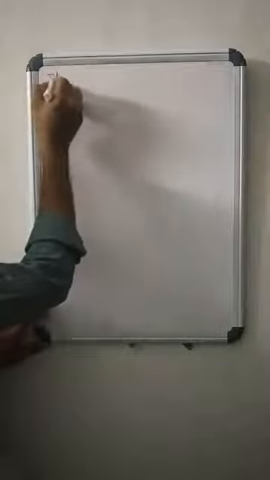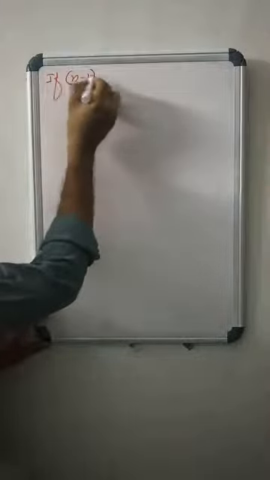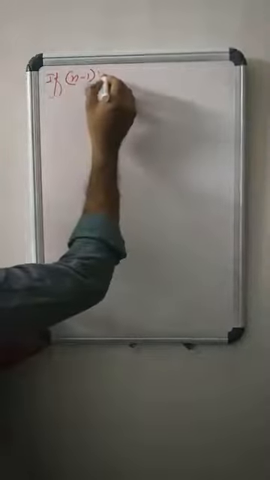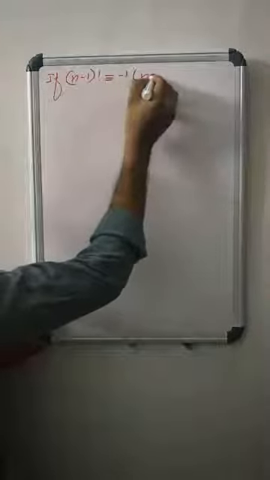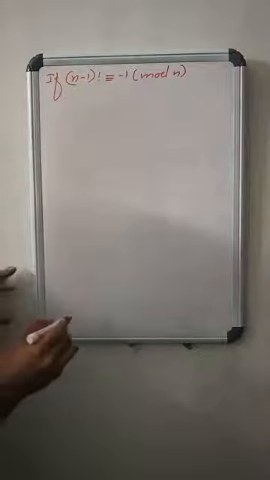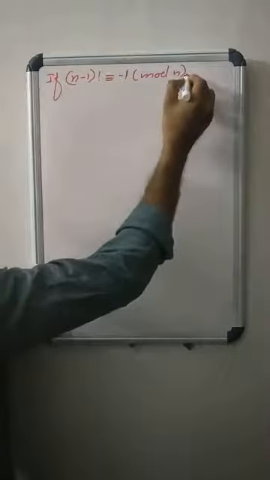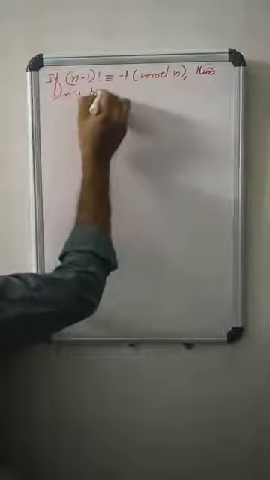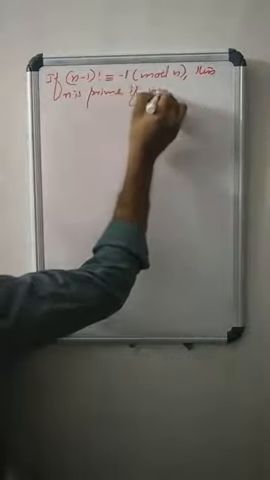The converse of Wilson's theorem states that if (n-1)! is congruent to -1 mod n, then n is prime, if n is greater than 1.